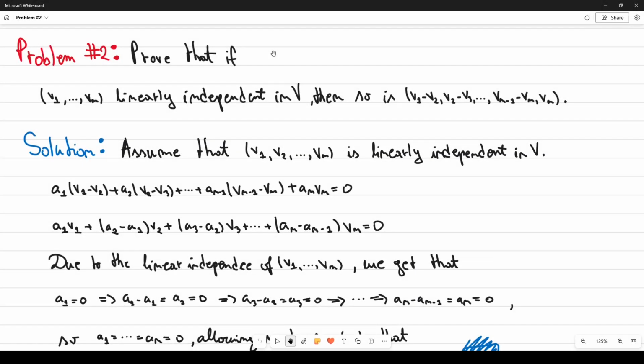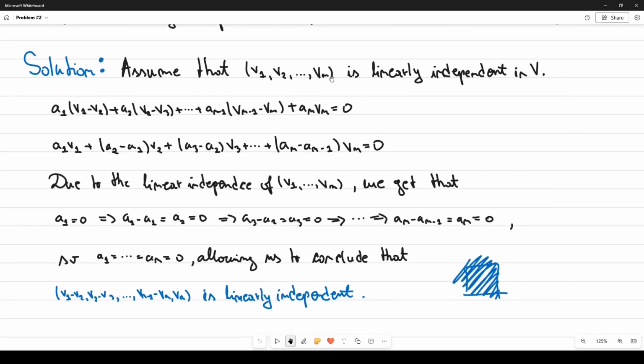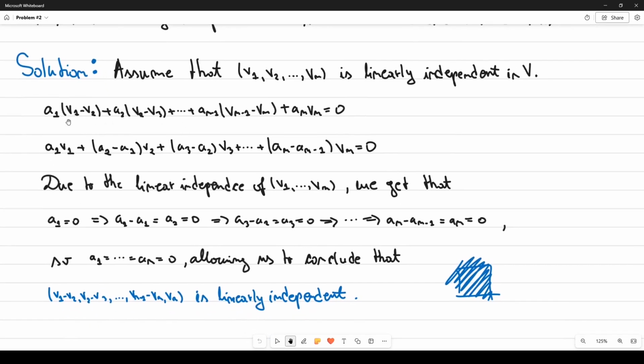Problem number 2. Prove that if this list of vectors is linearly independent in V, then so is this list constructed via the differences of these vectors, similar to problem number 1. So let's assume that this list is linearly independent in V, and let's take our new list of vectors, form our linear combination and set that equal to 0.